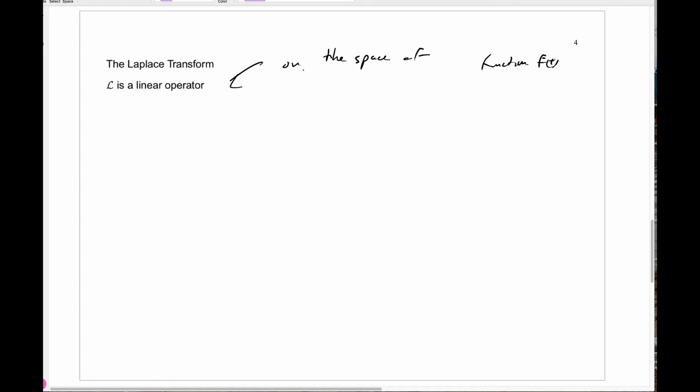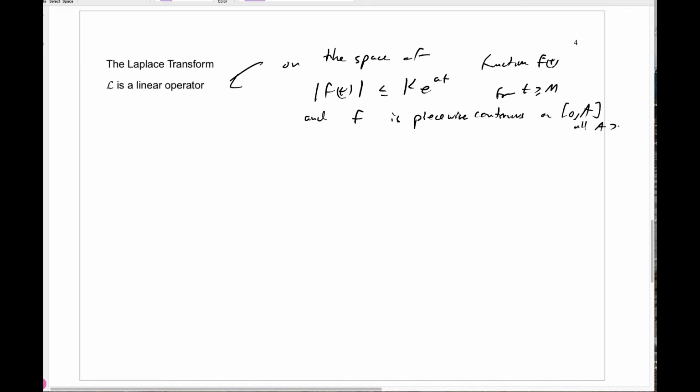f of t, where the absolute value of f of t is bounded by some constant k times e to the at for t greater than or equal to some number m, and f is piecewise continuous on 0 to a for all a greater than or equal to 0.